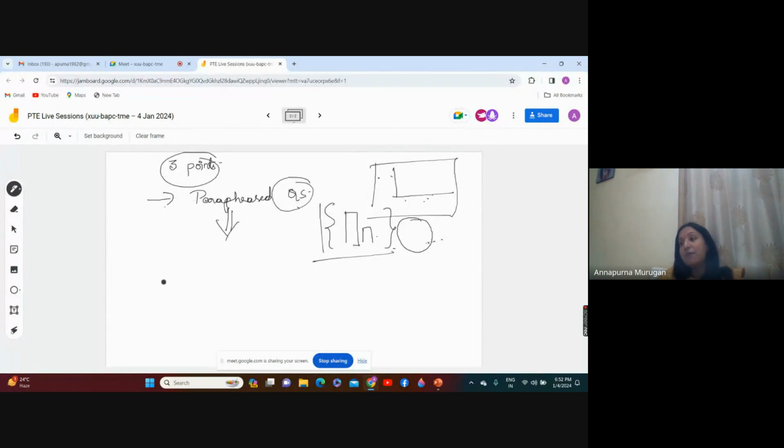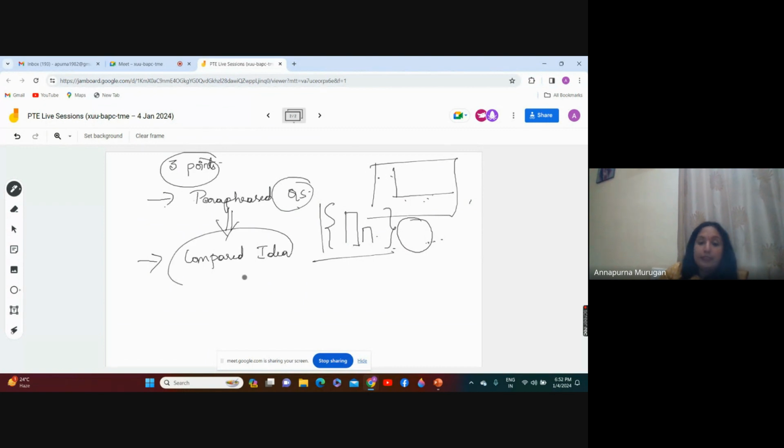If you find it difficult to present the paraphrased question statement, you can look at the graph and see what is being compared there, and write that compared idea as the first sentence.